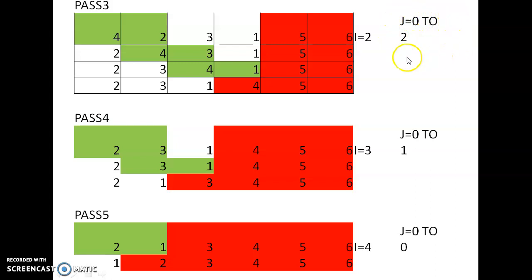Programmatically we write this as for J equal to 0, J less than 3, J plus plus. That means the general formula is for J equal to 0, J less than n minus I minus 1. That is 6 minus 2 minus 1, which is 3. That's why we write for J equal to 0, J less than 3, J plus plus.